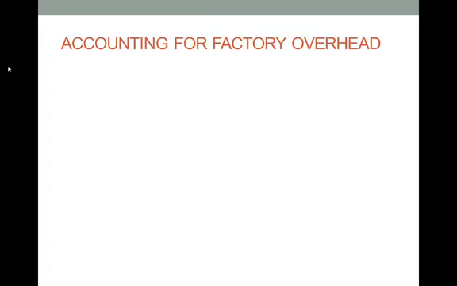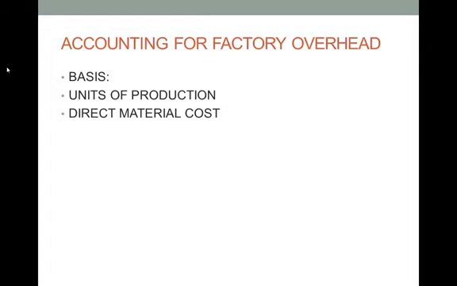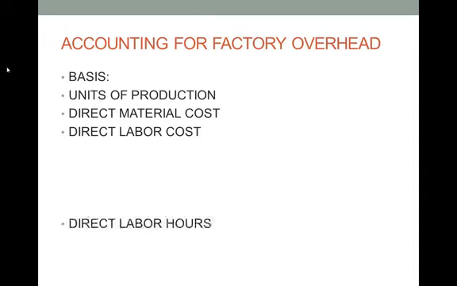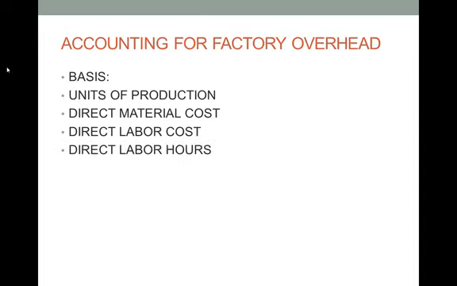And then, accounting for factory overhead has bases. We have five bases for the procedure under factory overhead. The first is the units of production. Second, direct material costs. The third, direct labor costs. And then direct labor hours. And then machine hours.